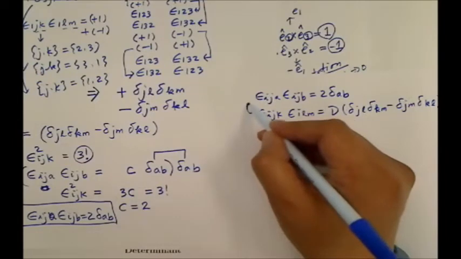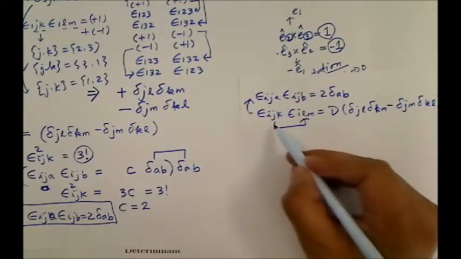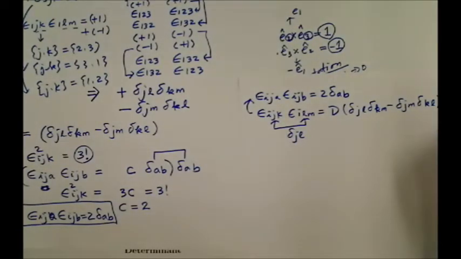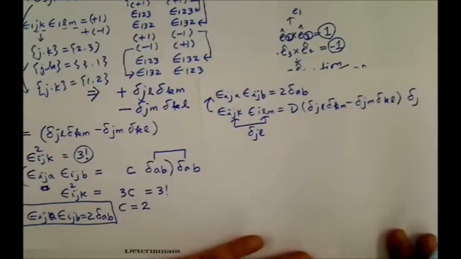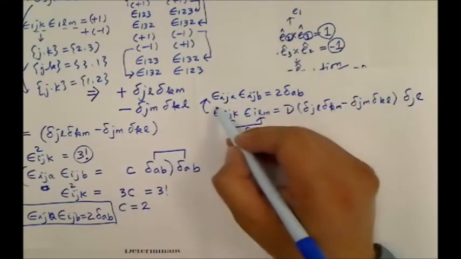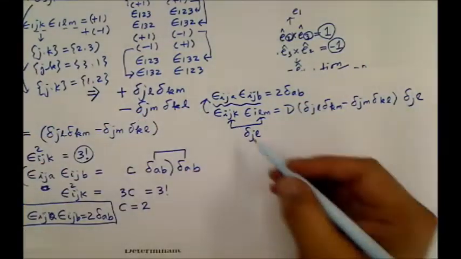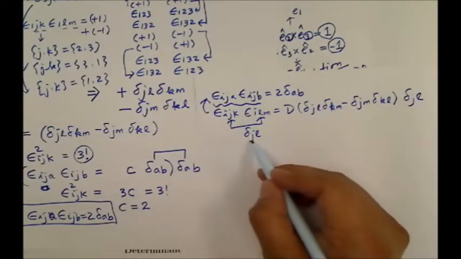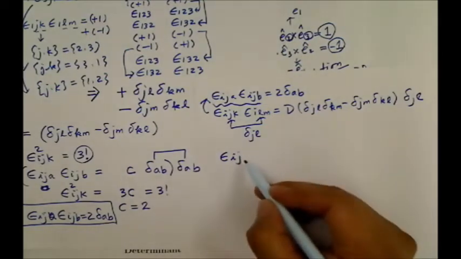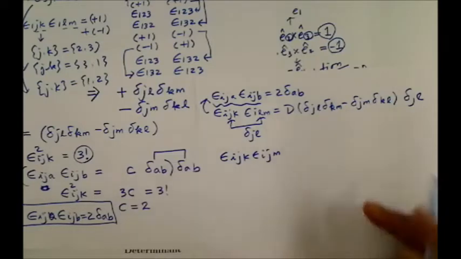If I multiply delta JL on both sides, then I would obtain a similar form as the left-hand side of the first one. If I multiply this, I would find epsilon ijk epsilon ijm.